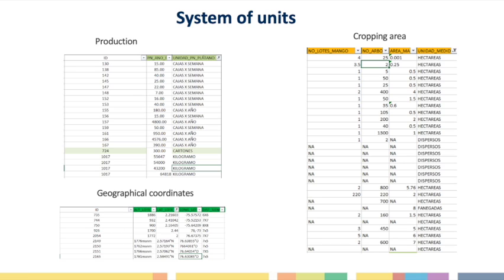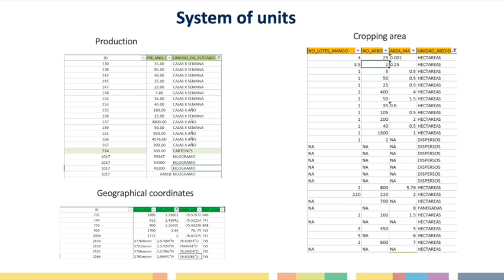Others registered in kilograms, others in cartons or boxes. So this would be a big challenge because we would have to identify each one of those producers and ask them how much each box weighed in order to do the conversion to kilograms. So this also has to be done in order to standardize the different variables and the measurement unit before continuing with the analysis. The same thing happens with the area.